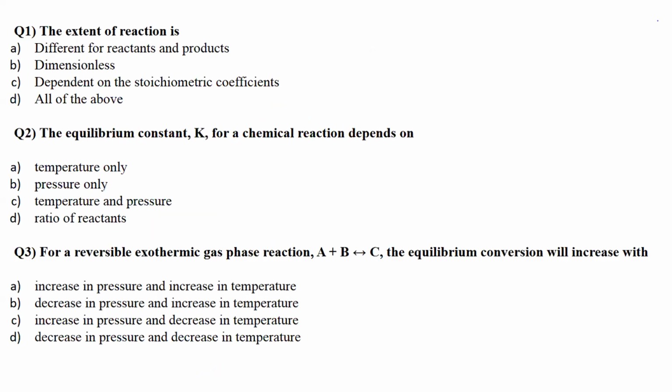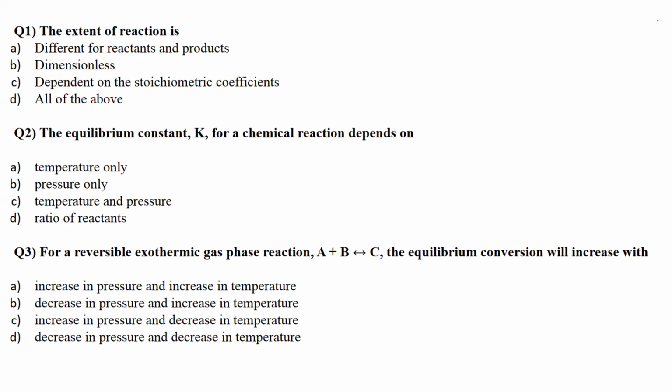Now we'll be discussing a few questions. The first question: the extent of a reaction is different for reactants and products, dimensionless, dependent on the stoichiometric coefficient, or all of the above.